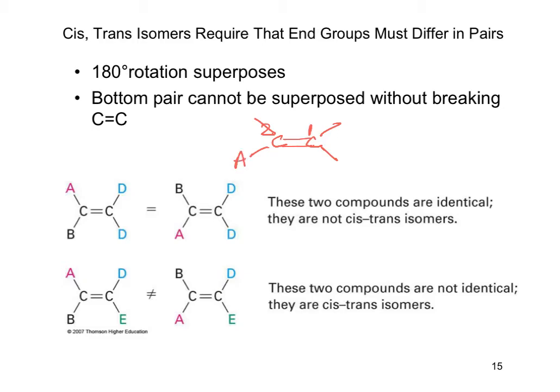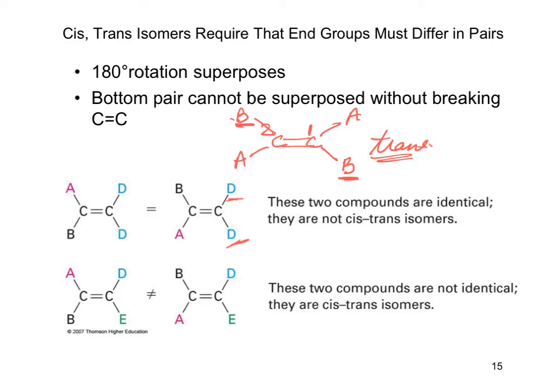So if you have A and B, let's say here, then there must be a B, because that's what you are comparing, right? And this would be A, and then you would say that these are trans. But you can't have the same group, such as the one that they have written down here. They can't call that cis or trans.